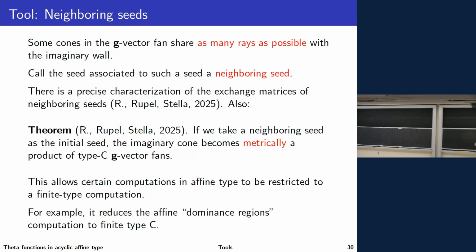So you can turn your problem into, I just need to know something about type C. So maybe if you don't remember anything else from this talk, just the idea that in affine type, if you're doing something that could be cluster algebra, or if there's a Coxeter element involved somewhere, finite type C is involved, and maybe that's a method.